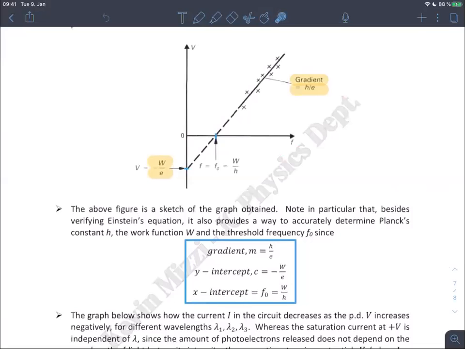Here the symbols h means Planck's constant, e is the electron charge, whereas W is the work function of the metal surface.